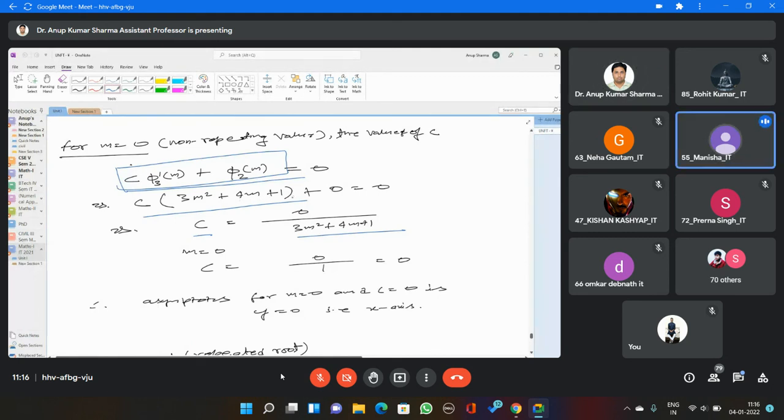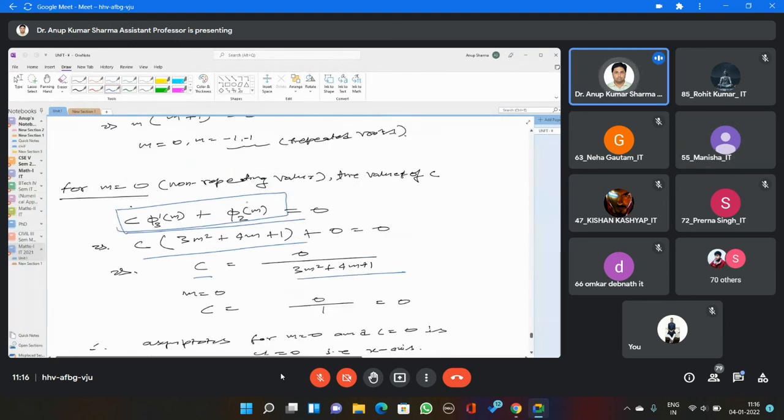It can factorize easily as well. Because we need to find the C values. Do we need to find m also?